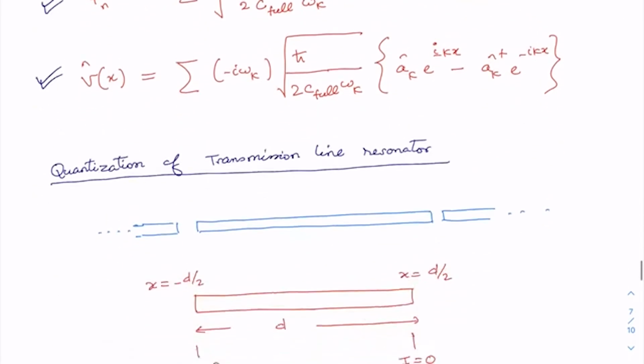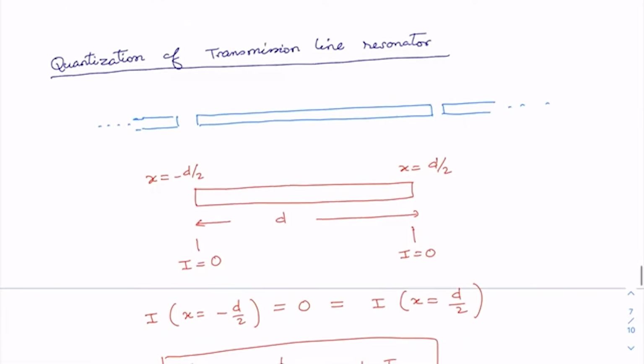Then we went on to discuss the quantization of the transmission line resonator. A transmission line resonator can be obtained from the infinite transmission line simply by cutting the infinite transmission line at 2 points. But now in the case of the transmission line resonator, obviously we cannot use propagating plane waves as our modes, so we have to take standing waves, as we discussed.